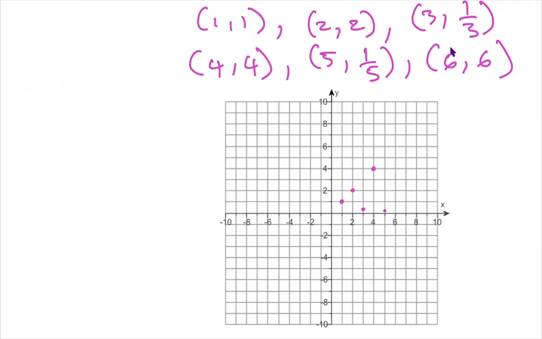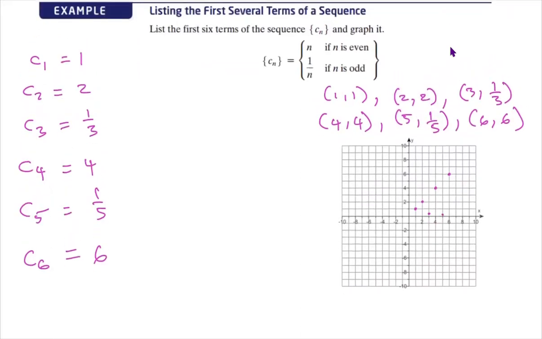And (6, 6). So that's the graph for the sequence C.